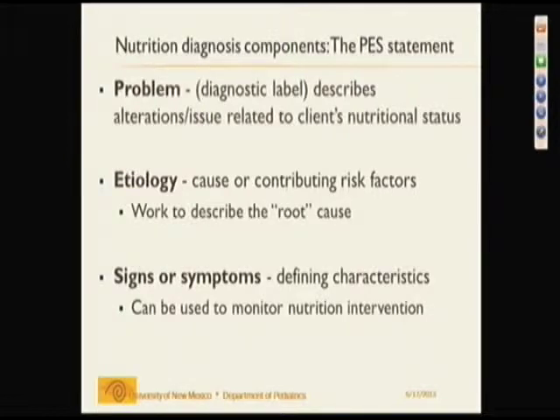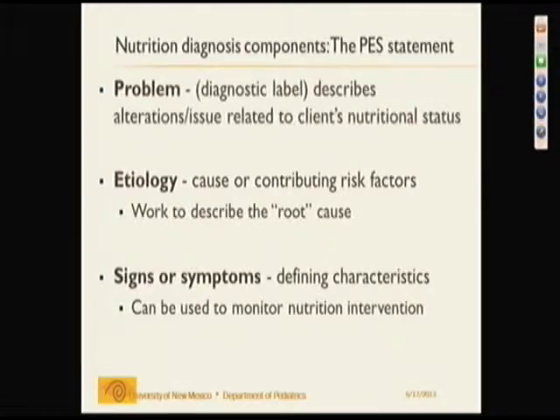And then the signs or symptoms are the defining characteristics that actually come from the nutrition assessment. And they also can be used to monitor nutrition intervention. So if you're looking at a problem, and we have some examples for you today, and you've decided that there's a root cause that you can articulate here, then those signs and symptoms are the things that are actual quantitative, measurable outcomes.